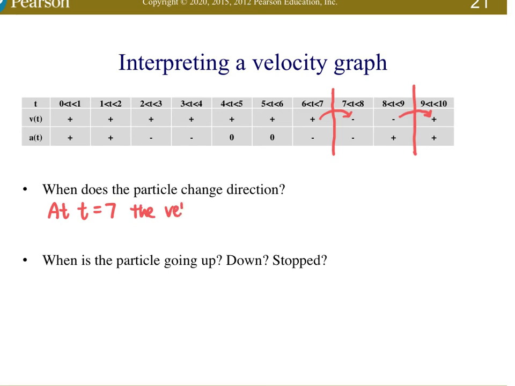The velocity changed from plus to minus, from positive to negative. So that means that the direction is changing from right to left.